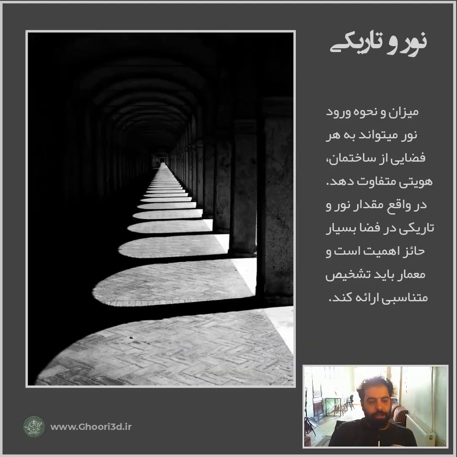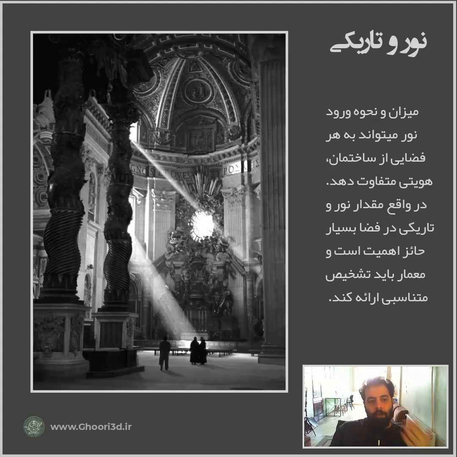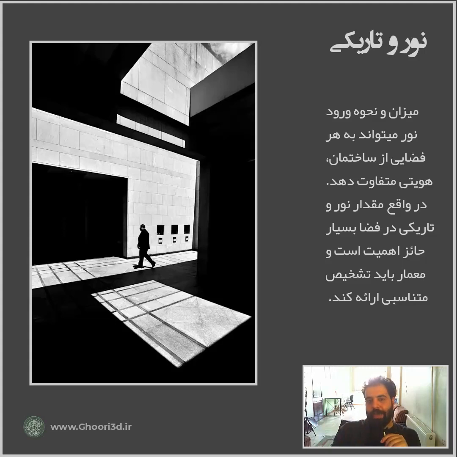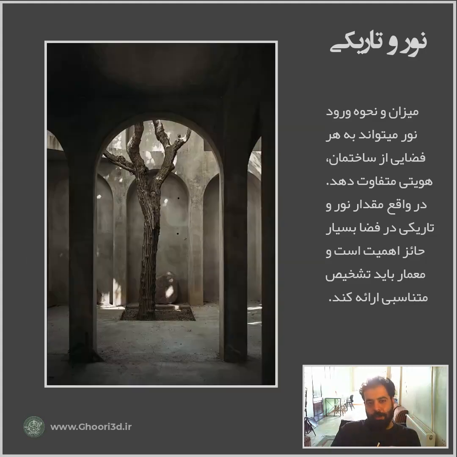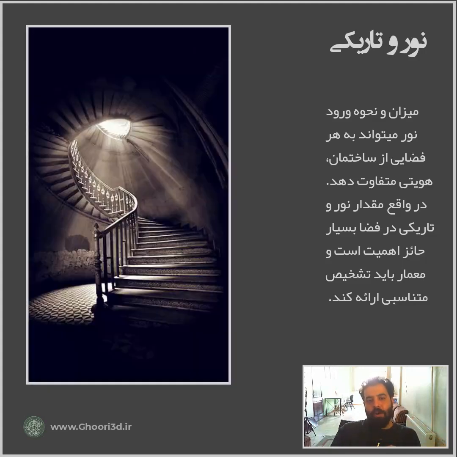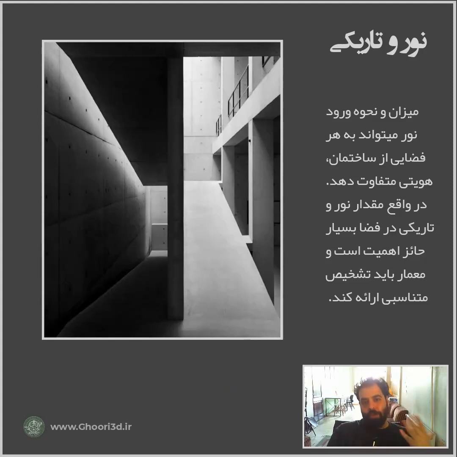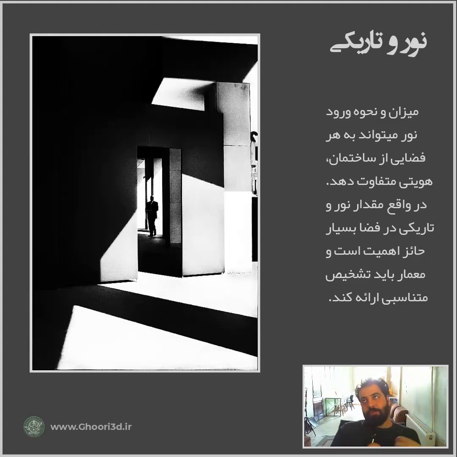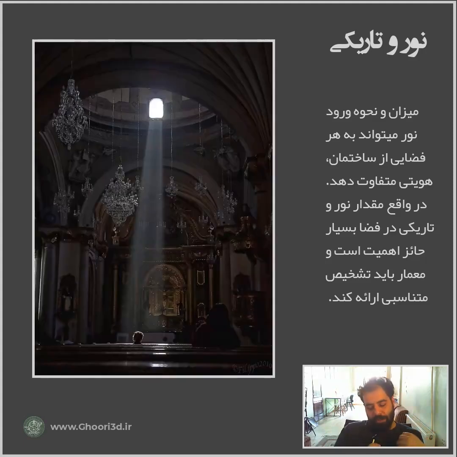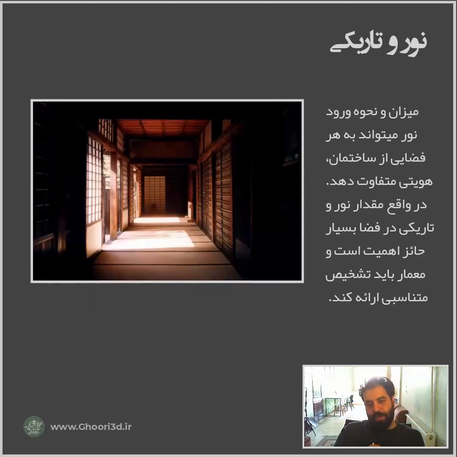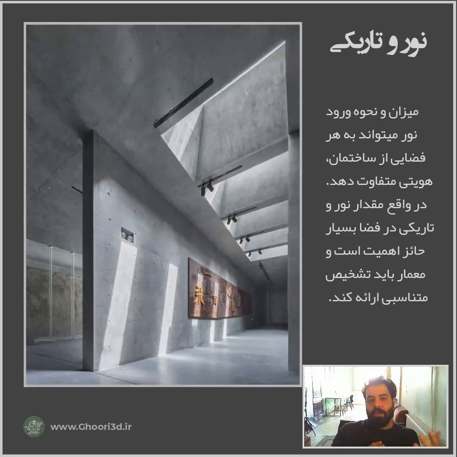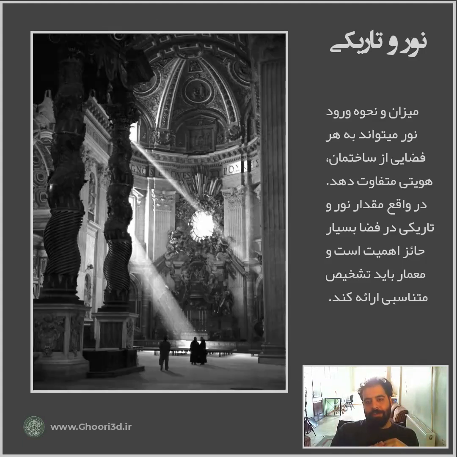Welcome to this lesson. In this lesson, we will talk about light and darkness in architecture. The amount and way of entering the light can give a different identity to every space of the building. In fact, the amount of light and darkness in the space is very important, and the architect must provide a proportional diagnosis.